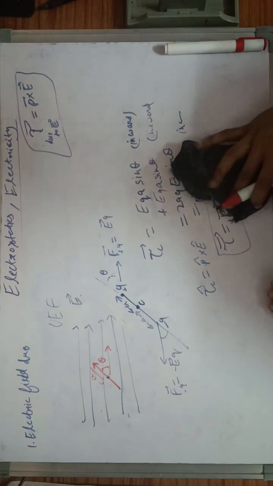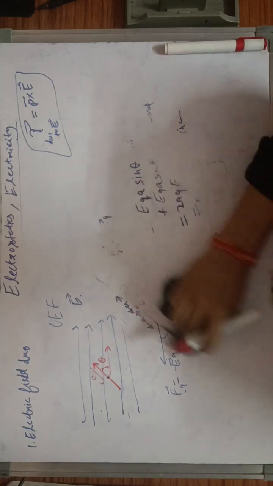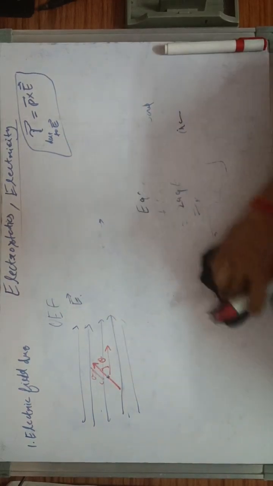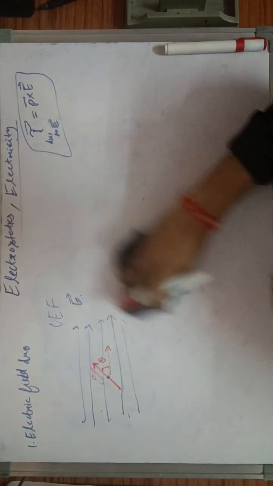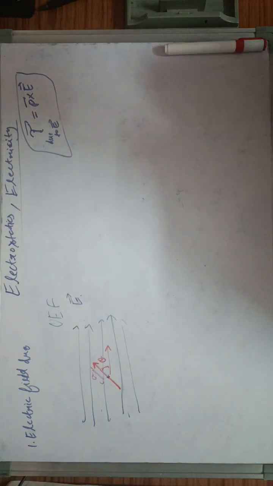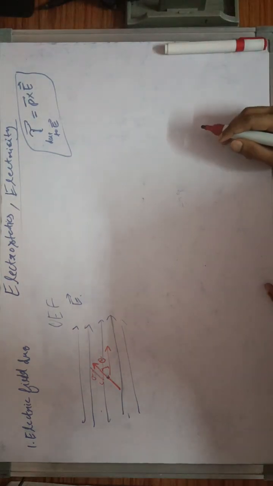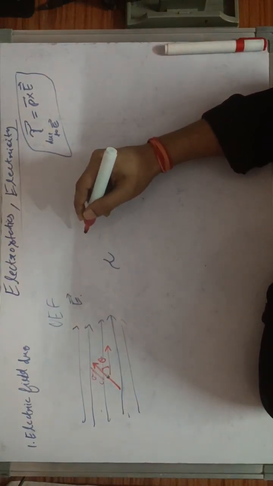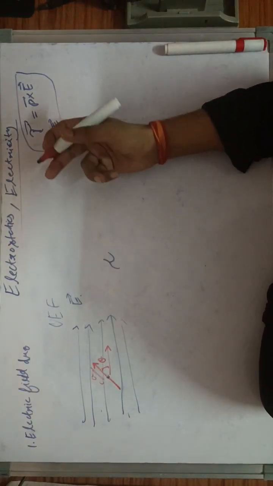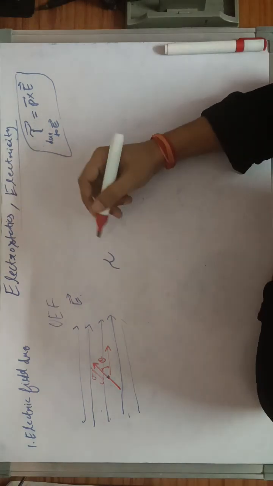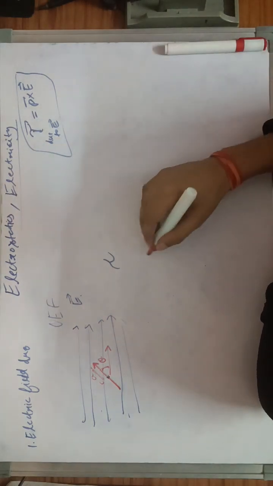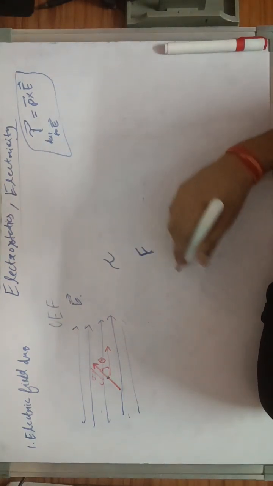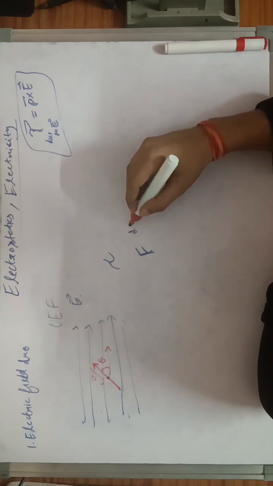Now we have derived the equation of torque, and now talking about the work done by the electric field. Whenever there is a torque or a force acting and the body displaces or rotates, there could be some work done. The force does work by doing some displacement.